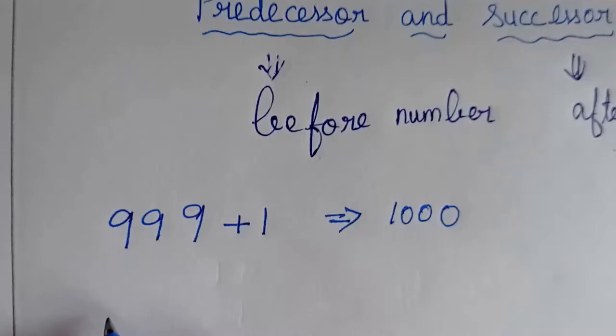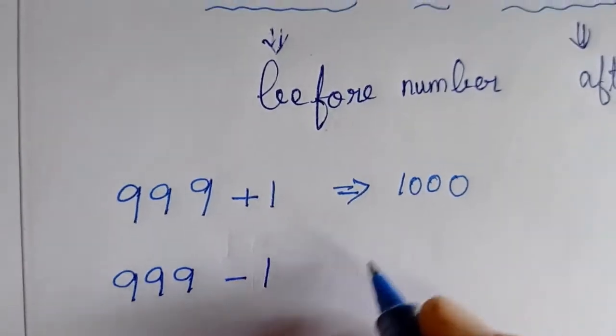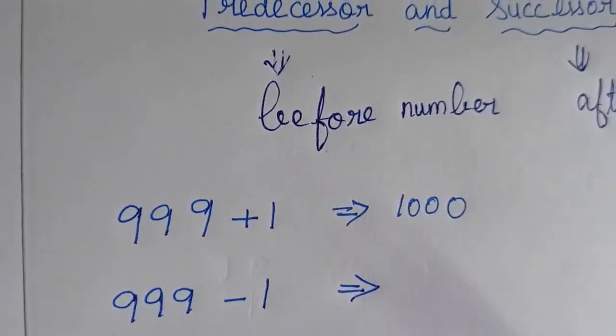Then children, subtract 1 to find the predecessor of a number.